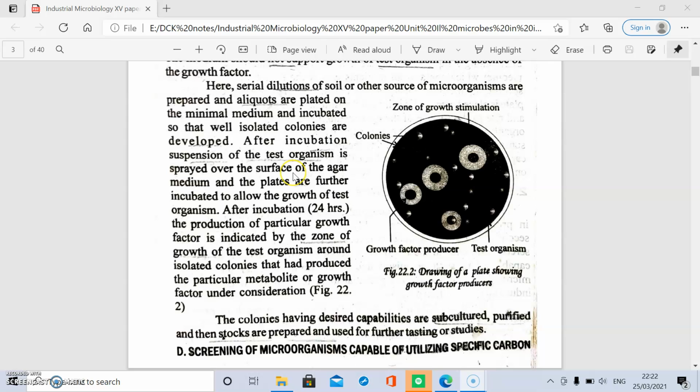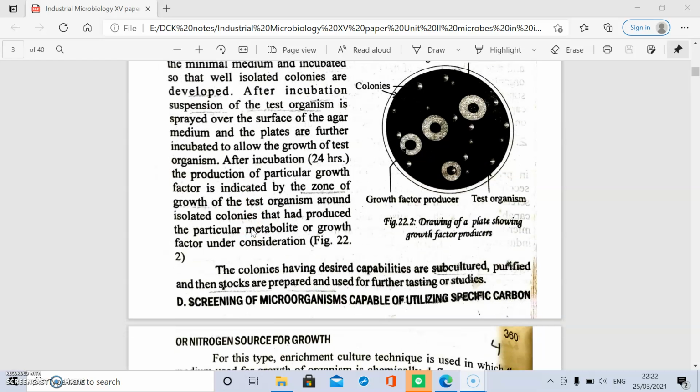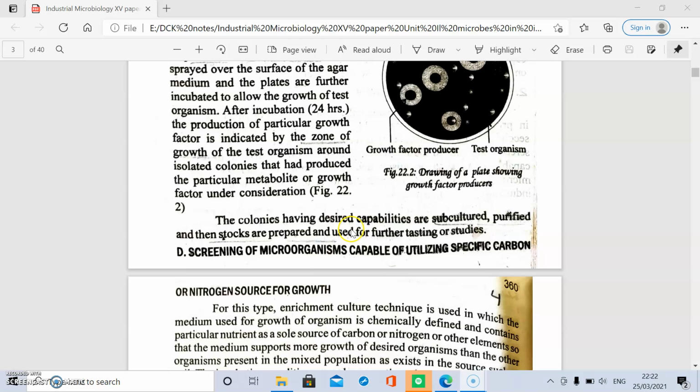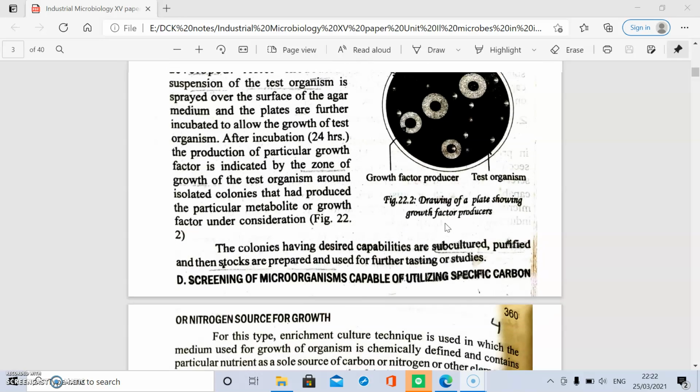After incubation, a suspension of the test organism is spread over the surface of the medium and the plates are further incubated. After incubation of 24 hours, a zone of growth of the test organism around the isolated colonies proves that the particular metabolite or growth factor is produced by the organism, and the colonies having desired capabilities are subcultured, purified, and maintained as a stock culture.